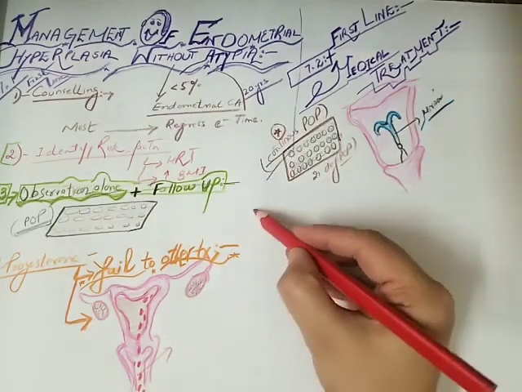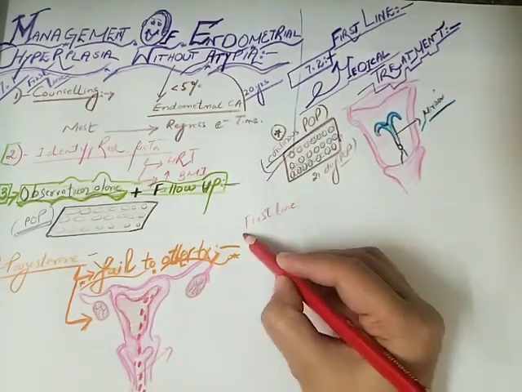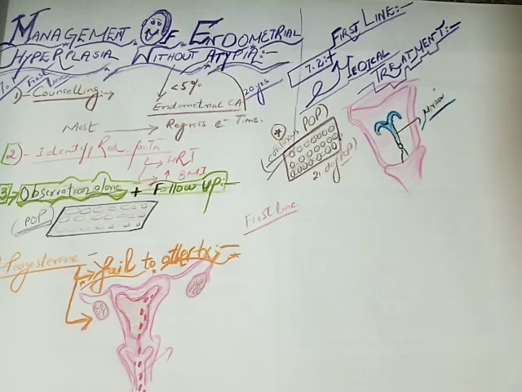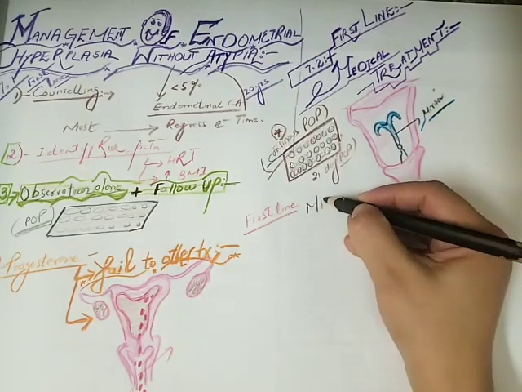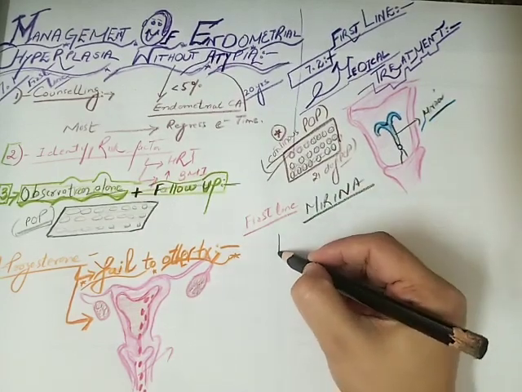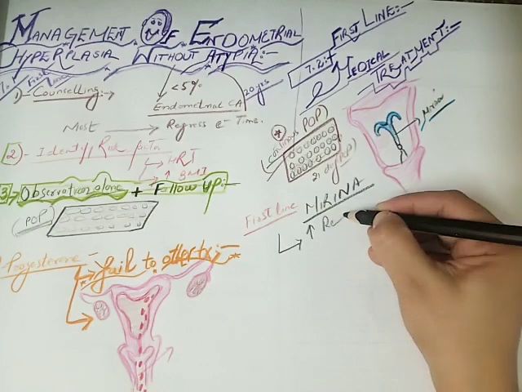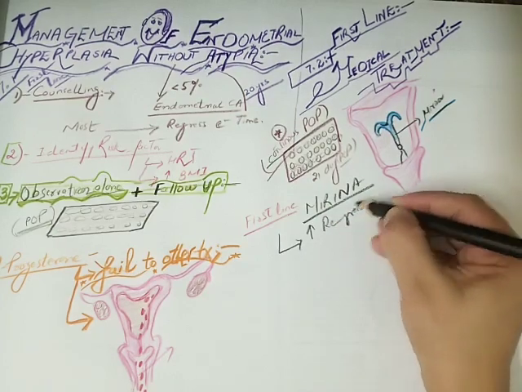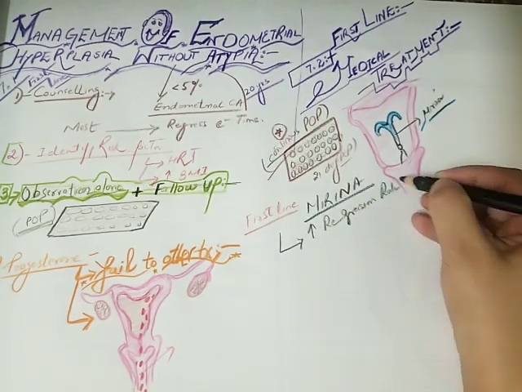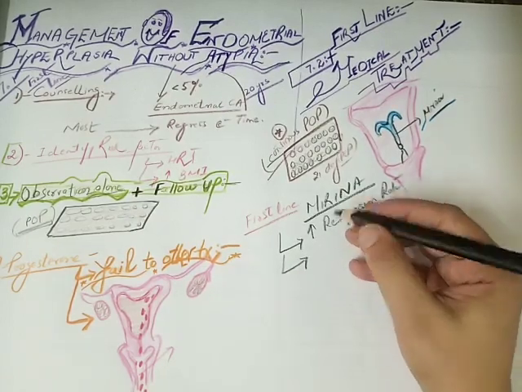Now, if the question is asked about the first line option, would that be Mirena? Yes, Mirena, for different reasons. It is written that Mirena has a higher regression rate. It causes more regression as compared to continuous oral progesterone.